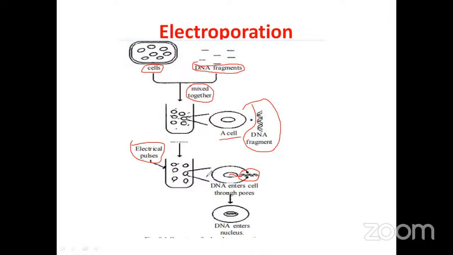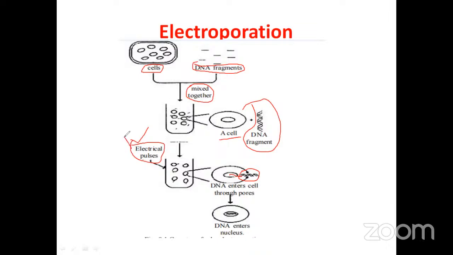So first of all, what is electroporation? Introduction of foreign DNA into living cells by exposure to a brief electrical pulse is known as electroporation. In this technique, a mixture containing cells and foreign DNA is exposed to very high voltage electrical pulses.